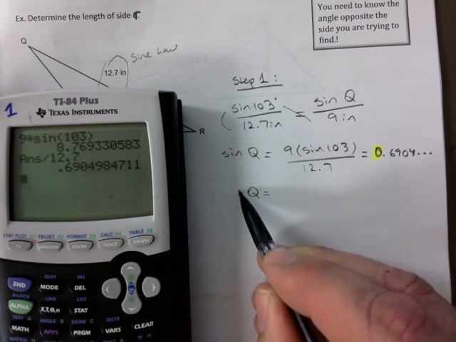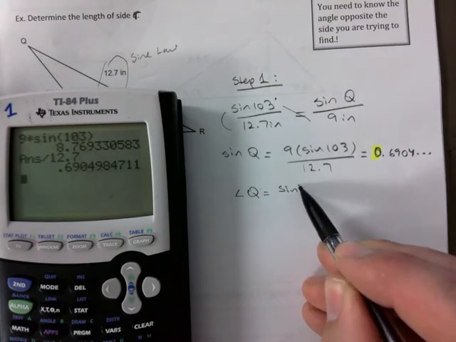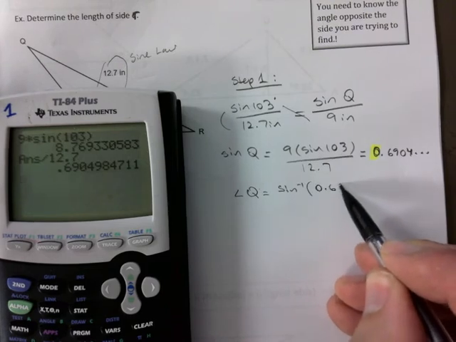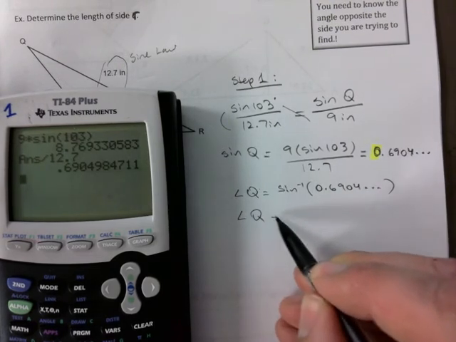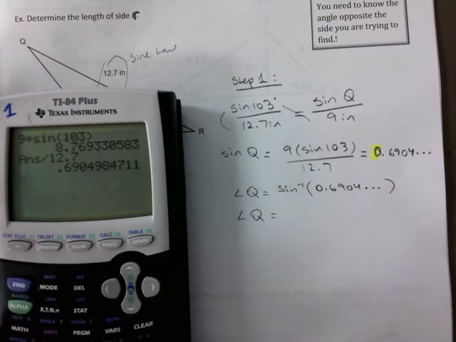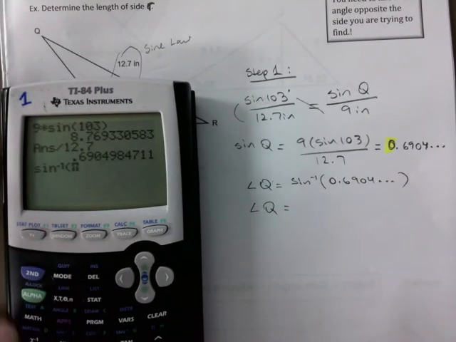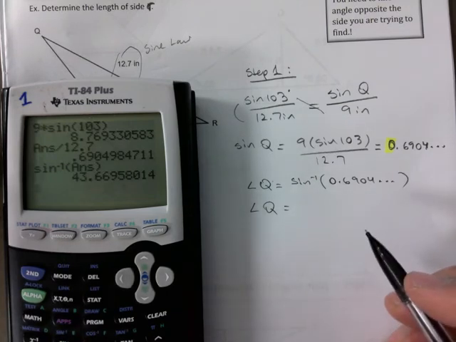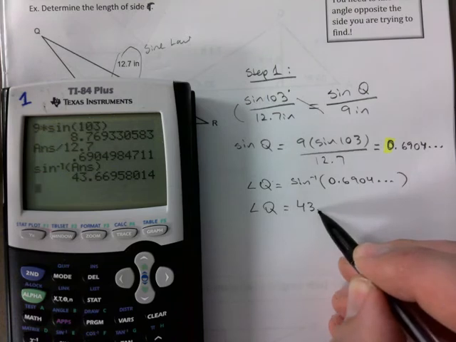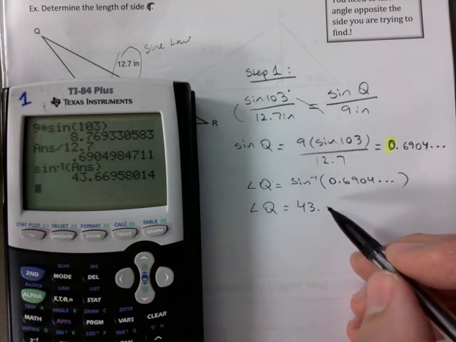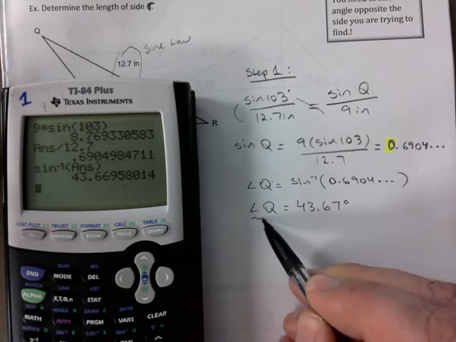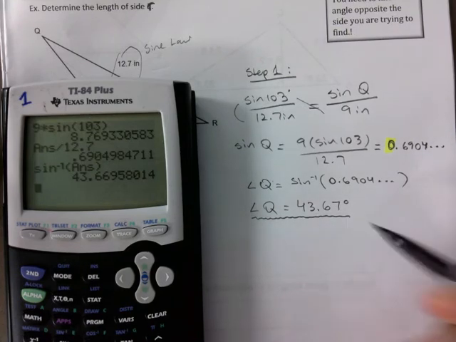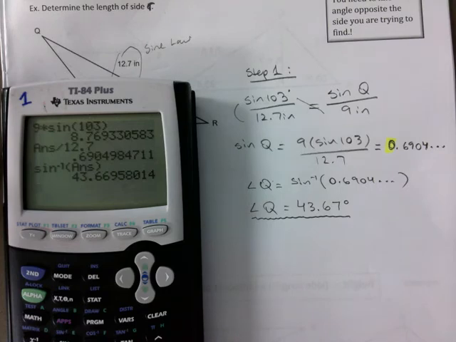So Q, or angle Q, is sine inverse of 0.6904 dot, dot, dot. So I go second sine, second answer, close the bracket, and it's 43 point, and this is when you round, right? 67 degrees. I'm going to underline that because that's not really my final answer.